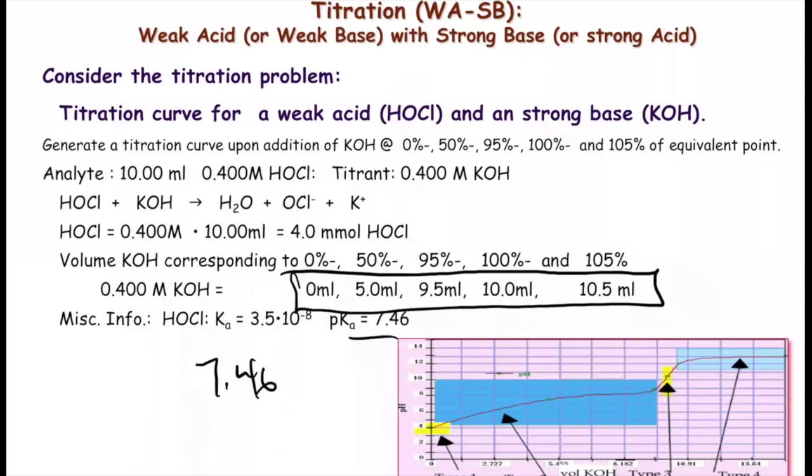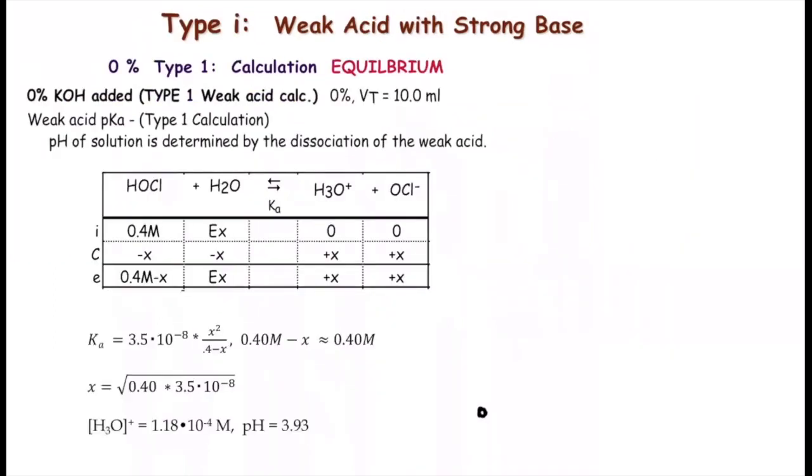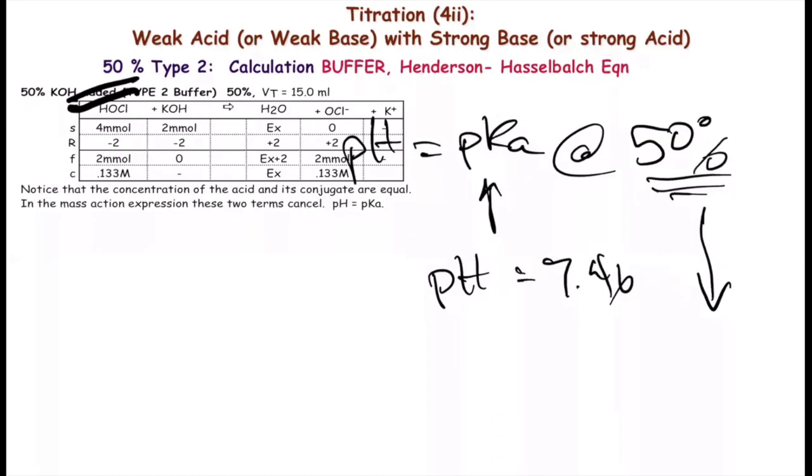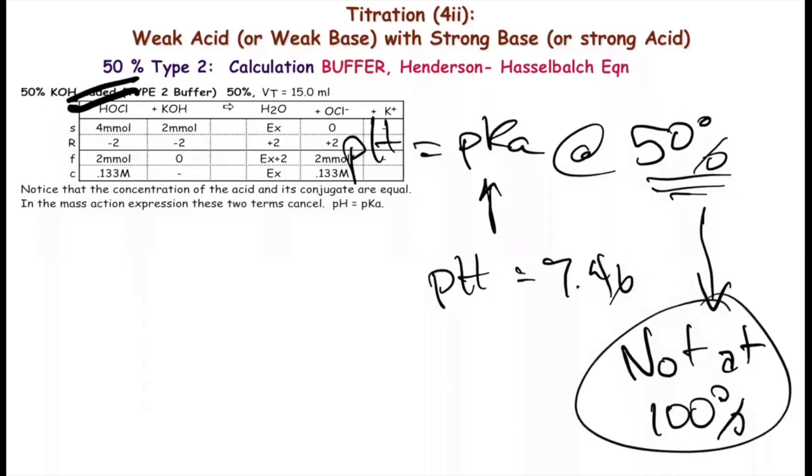So at the halfway mark, 50%, I know my pH. It's going to be 7.46. Again, let me emphasize, this is at 50%, not 100%. 100% is the equivalence point. We're not even at the equivalence point yet. We're only halfway there. And the reason why that works is the following.